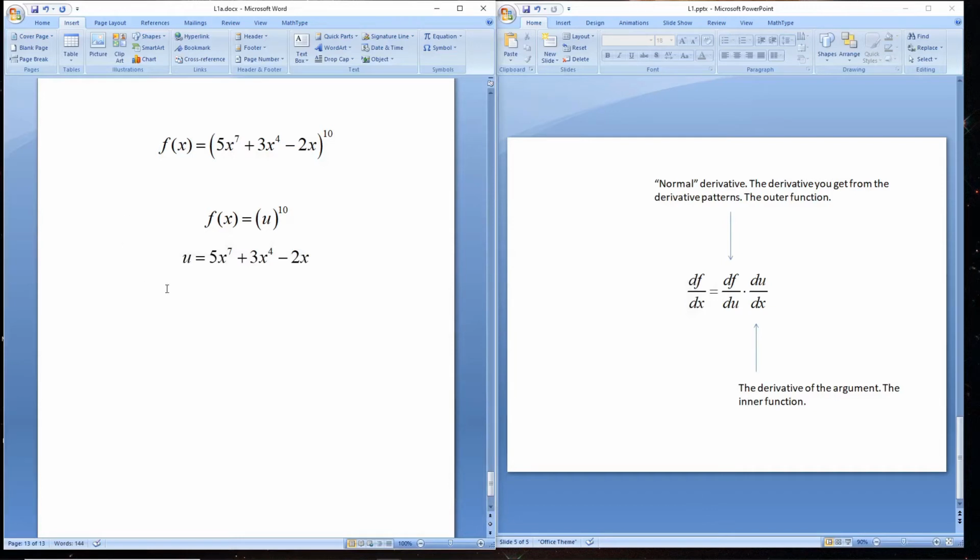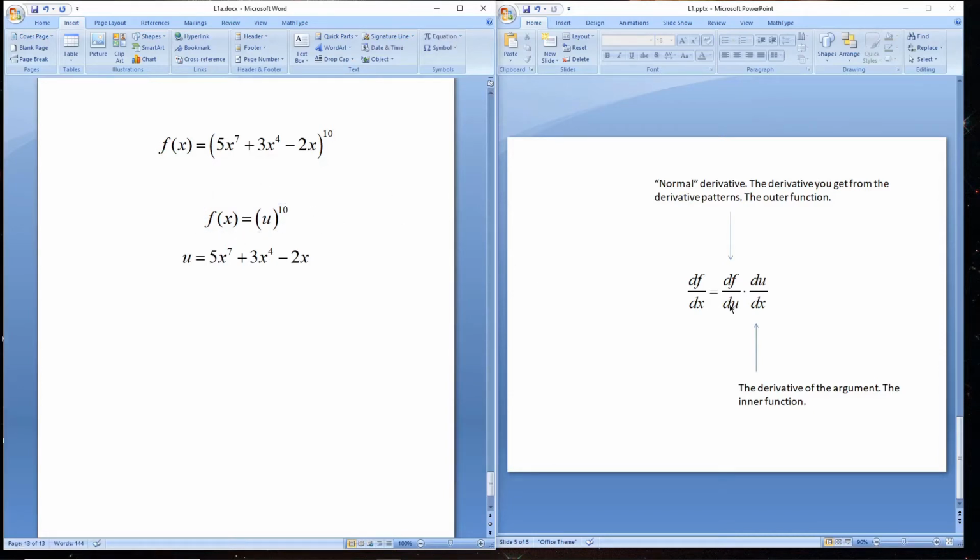So if I would write all this out again, which I'm going to do now, just to show you the logic here, we're going to define u to be the inner function. We're going to define u to be the argument. And when we do that, then we have a straight, simple power pattern.